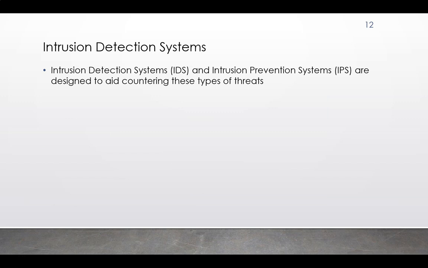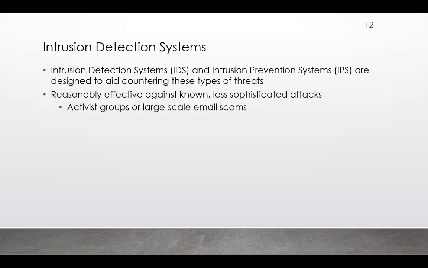Intrusion detection systems and intrusion prevention systems are intended to assist in countering the types of threats that we've described. However, we cannot turn to these systems as a panacea. These systems are reasonably effective against known, less sophisticated attacks, activist groups, or large-scale email scams.